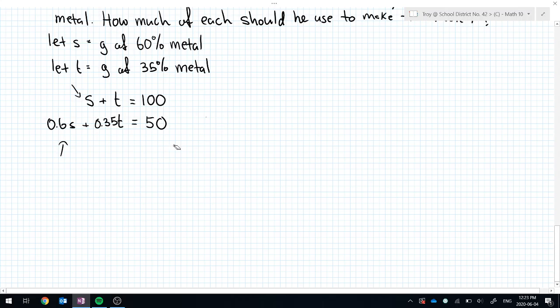And what I'll be left with are two equations that have 0.6 as the coefficient in front of the s. Eliminate s. So I'll take my s plus t equals 100, and I'll just multiply both sides by 0.6.